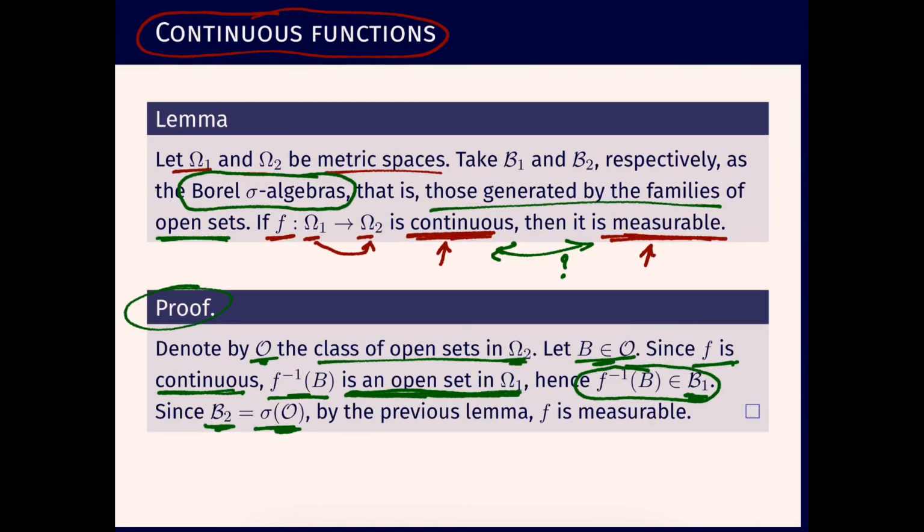And this is exactly what we have shown here. We have shown that the pre-image of every set B in a generating family is a member of the sigma algebra of the source space. So now we can just apply the previous lemma and conclude that F is measurable.